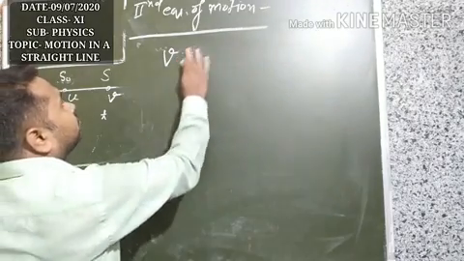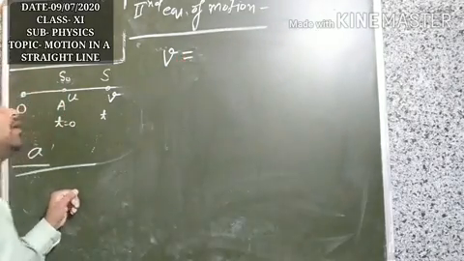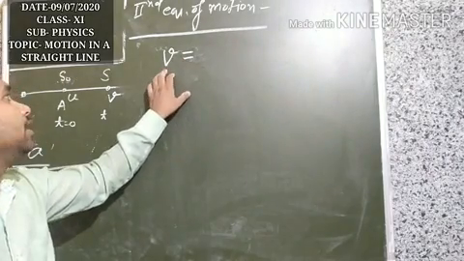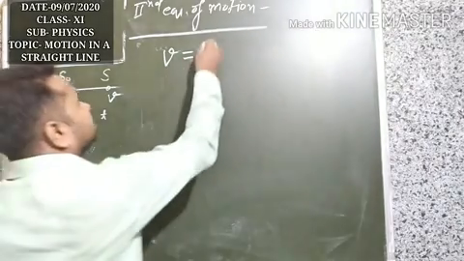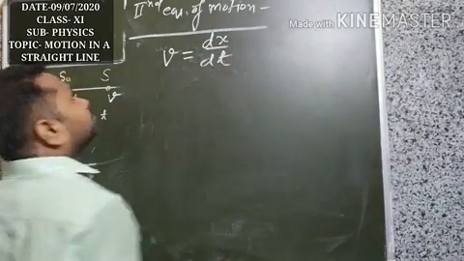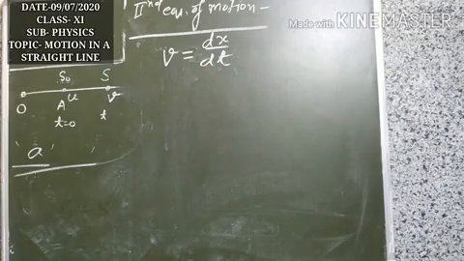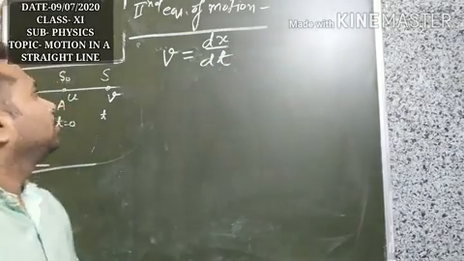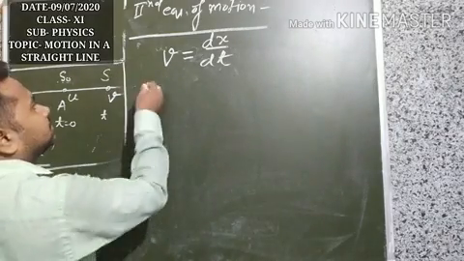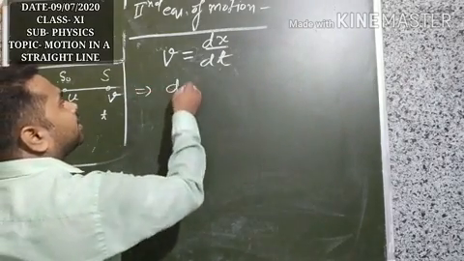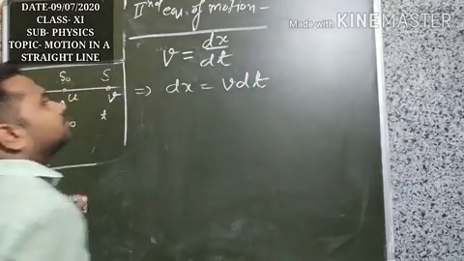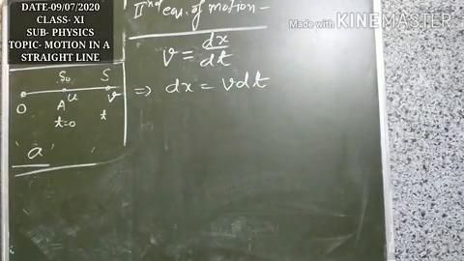Yes, one day before we have seen instantaneous velocity. It is equal to dx upon dt. Instantaneous velocity is dx upon dt. So start with this step. See here, you can write it as dx equals v dt.